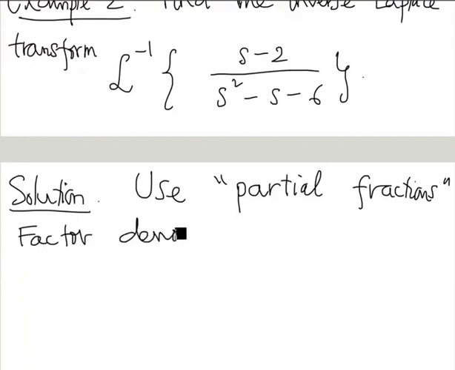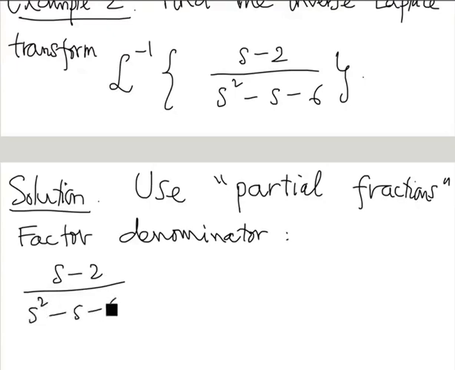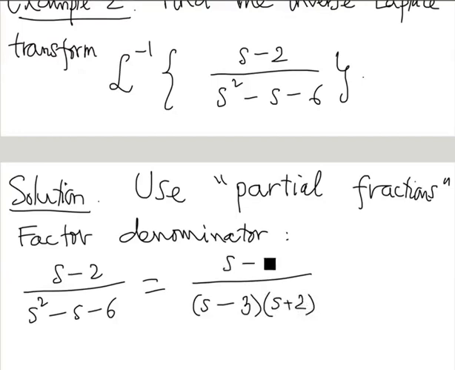Factor the denominator. The numerator, we don't need to do anything now. We factor the denominator. So s squared minus s minus 6 factors into s minus 3 times s plus 2. And on top, in the numerator, we still have s minus 2.